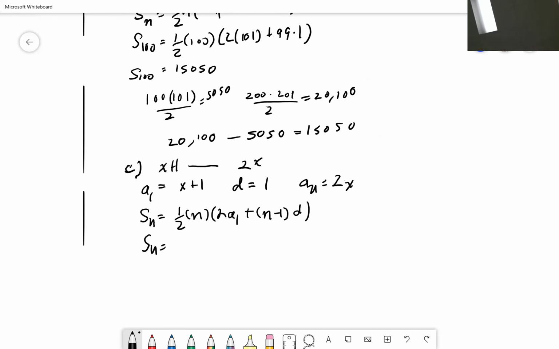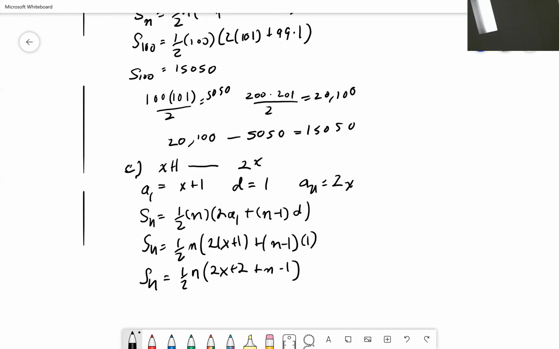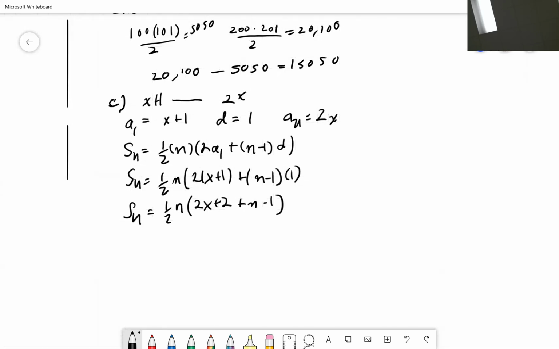So S of n equals half times n times twice the first term plus n minus 1 times 1. So S of n must equal half n times 2x plus 2 plus n minus 1. S of n equals half n times 2x plus n plus 1.